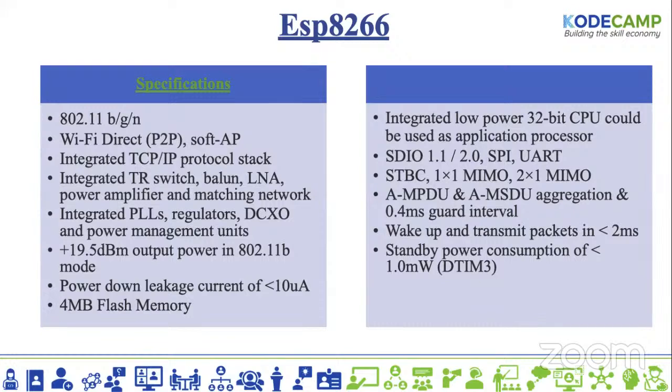Its ability exceeds that of 802.11ac. When 802.11ac is talking about 450 megabits per second, this one is talking about 9.2 gigabits per second.